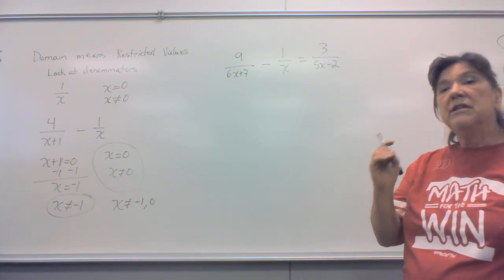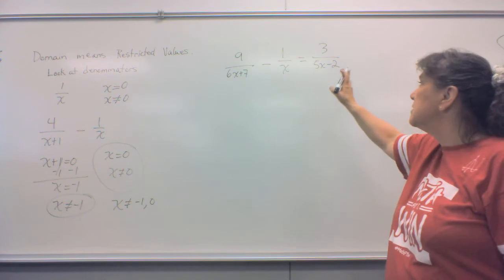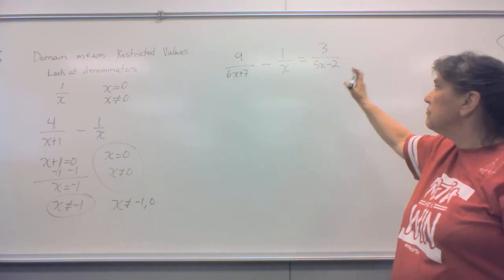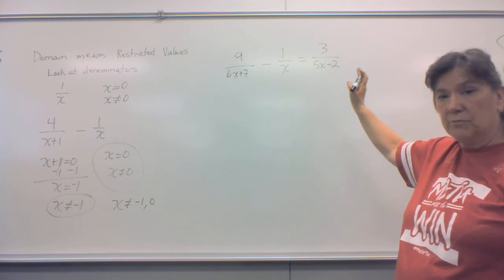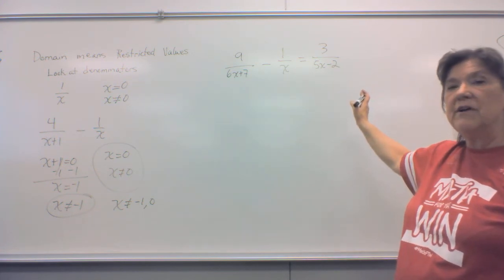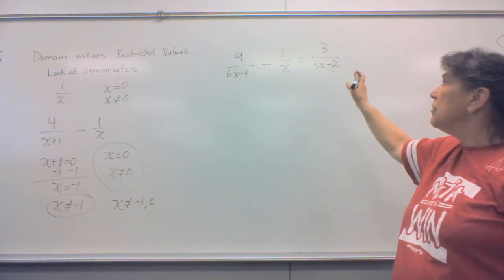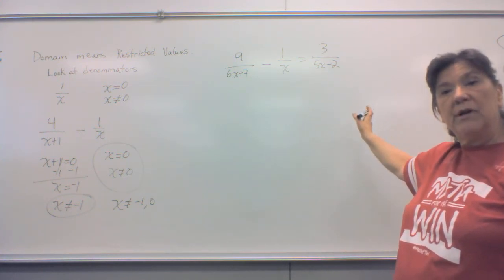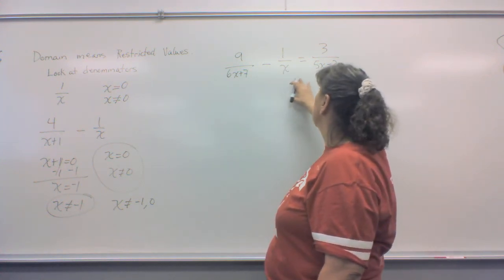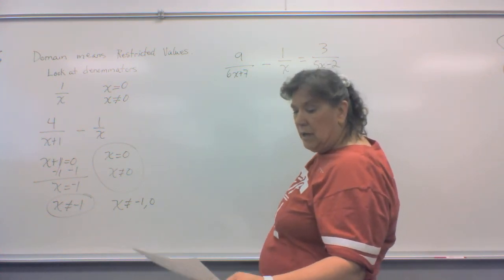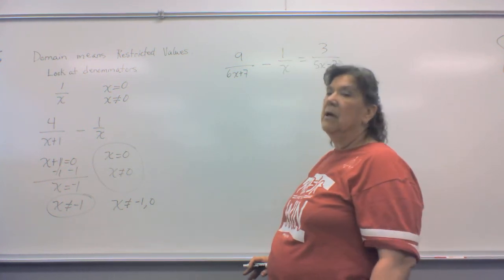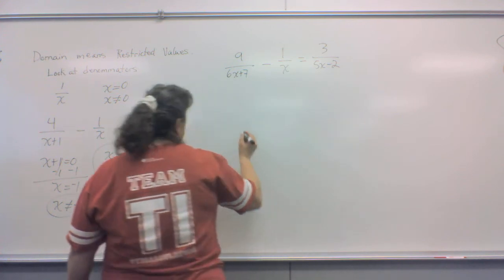So the only thing you're concerned about is that denominator, okay? So we have three different rational expressions, or rational terms, so we have three possible restricted values. Is there a variable in the denominator of every one of those? Yes, there is: 6x plus 7, x, and 5x minus 2. Therefore, we have three possible excluded restricted values.